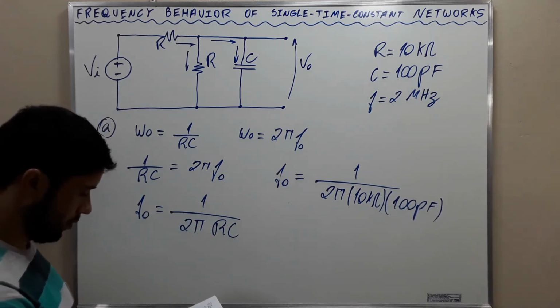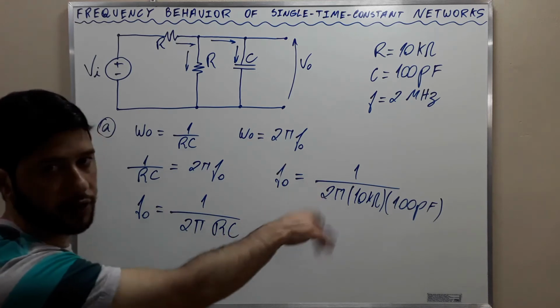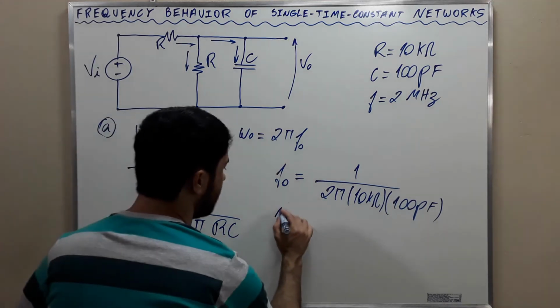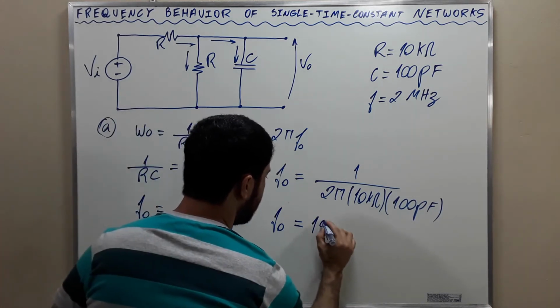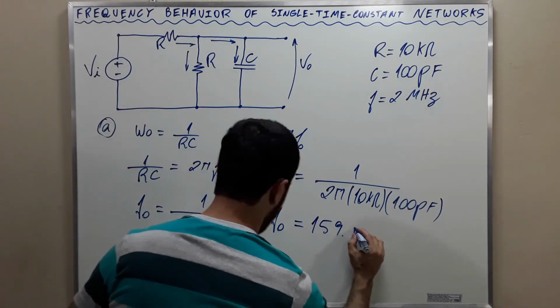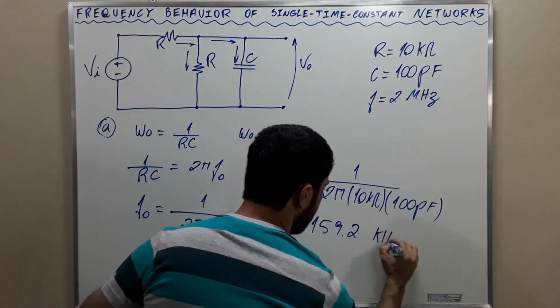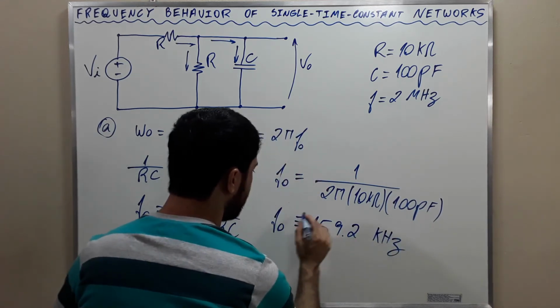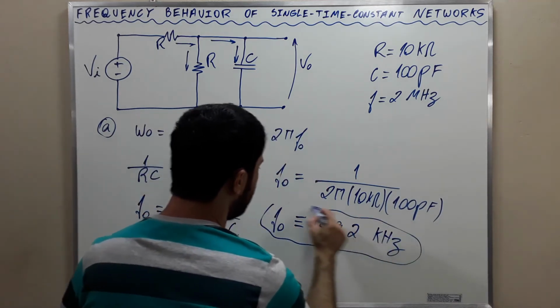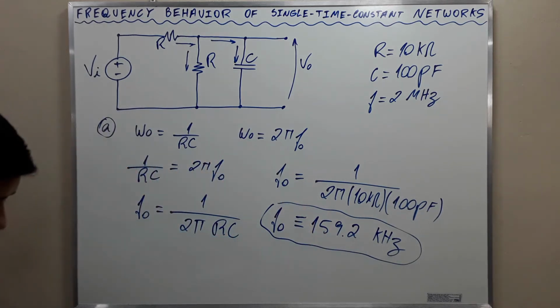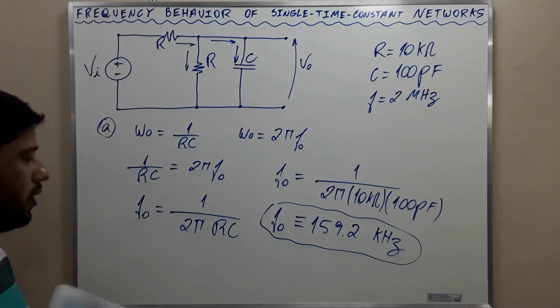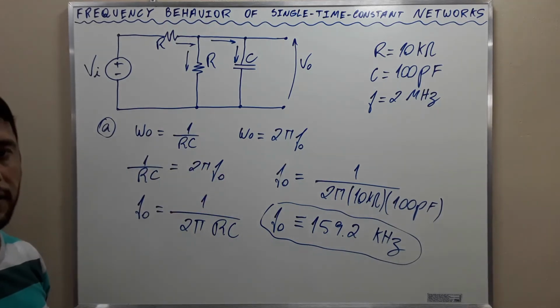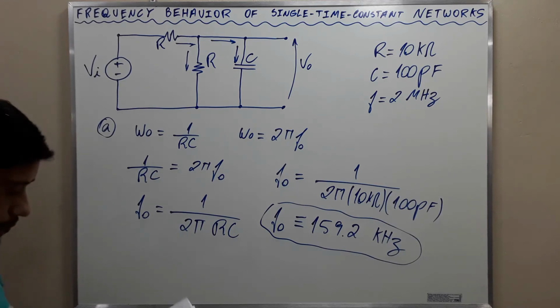And if we conduct this calculation, we find that the corner frequency is approximately equal to 159.2 kilohertz. So this is the response of letter B. This is the corner frequency, the frequency at which the circuit starts attenuating the signal.